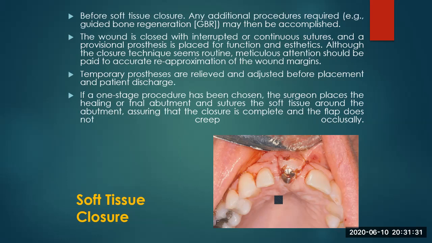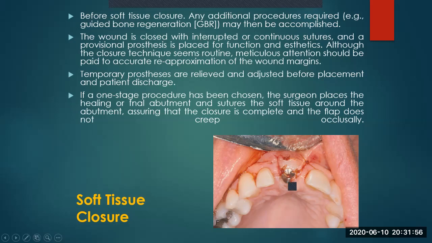Soft tissue closure. After I prepare the socket for the dental implant and after I insert the dental implant, I have to replace the soft tissue for suturing. The incision that the doctor used here is a U-type incision. It consists of two vertical incisions joined by a U-shaped incision on the palatal side.